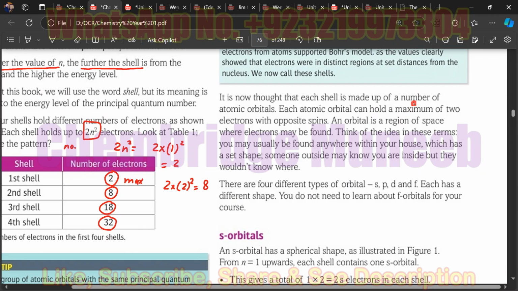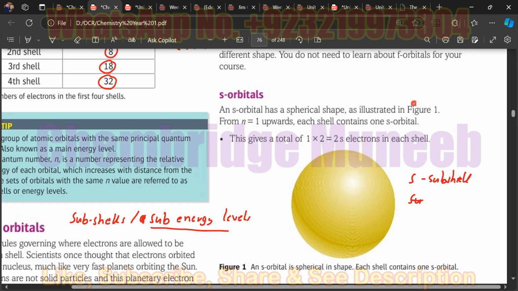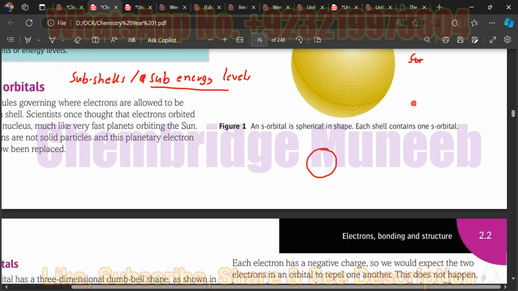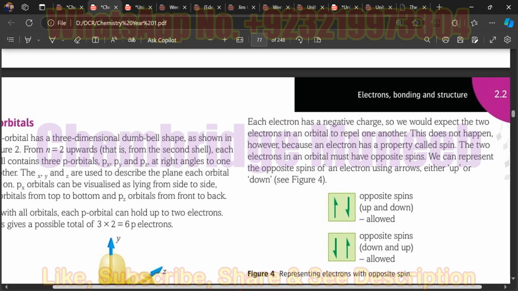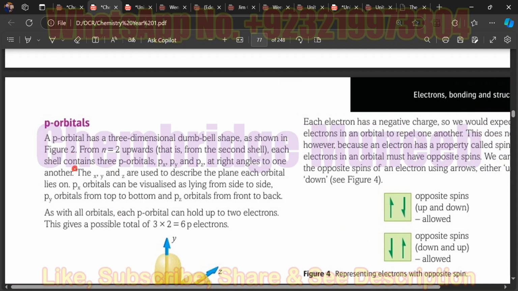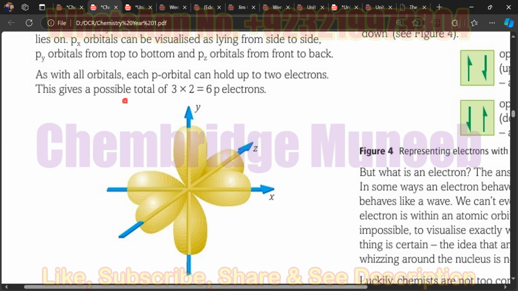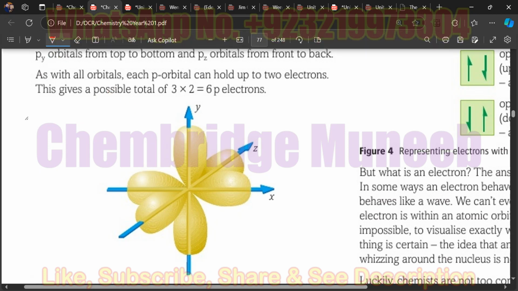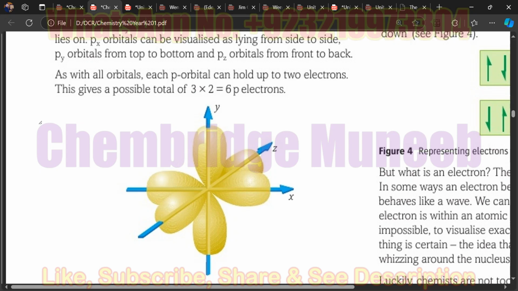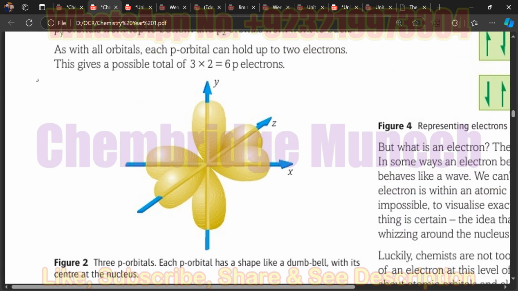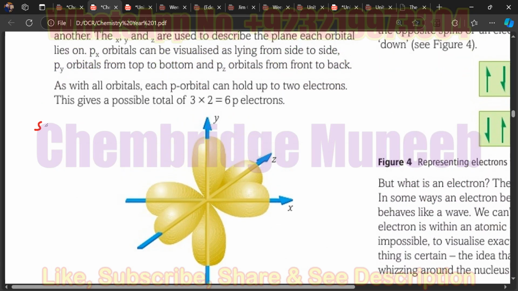we have just seen that the s subshell is spherical, and the p subshell has 3 orbitals, whose diagrams you have seen. Here they are telling that there are 3 orbitals. So how many orbitals are there in the s subshell? I didn't tell you that.